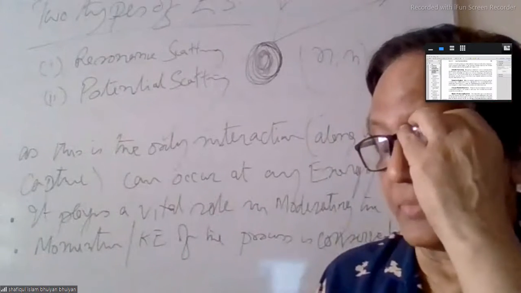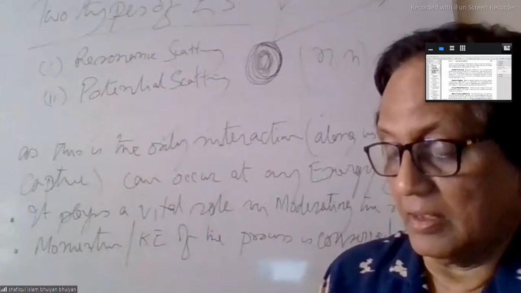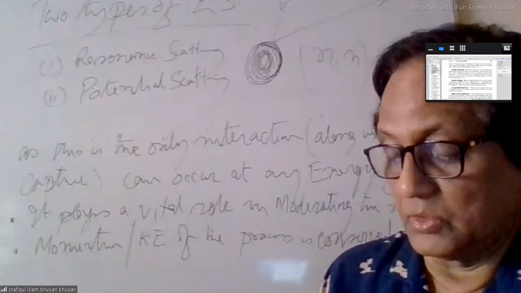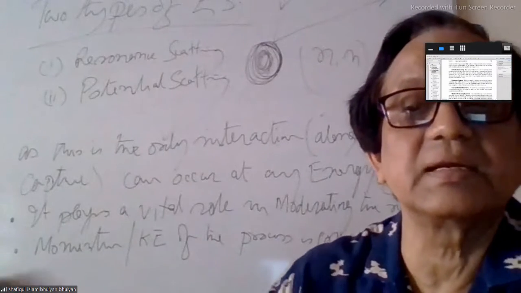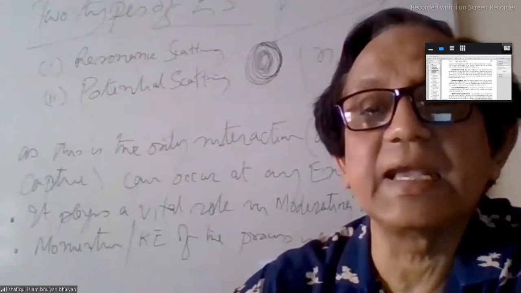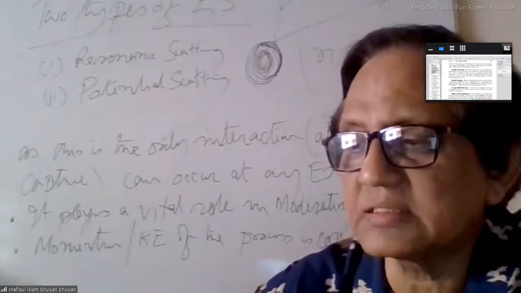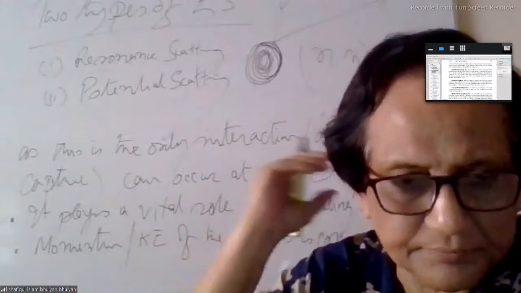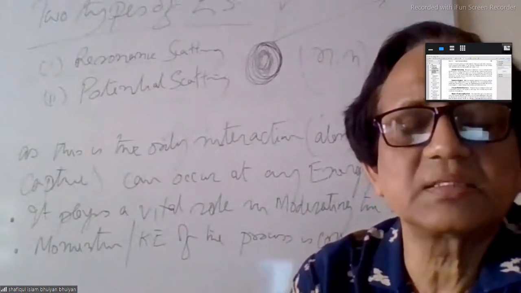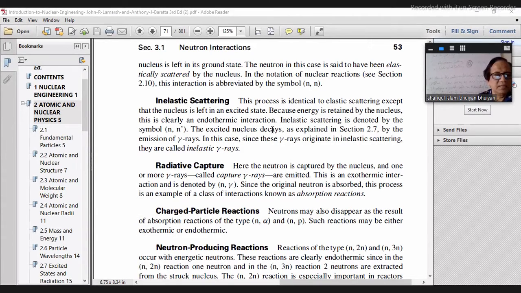Okay, we shall have to talk a little bit more about the inelastic scattering. The excited nucleus decays. So the nucleus is in an excited state, and it has a natural tendency to come down to the ground state.